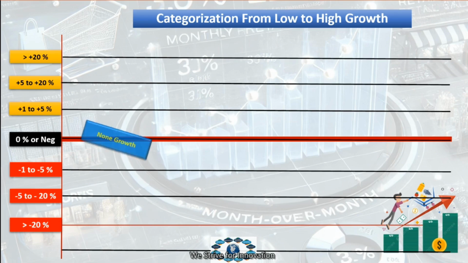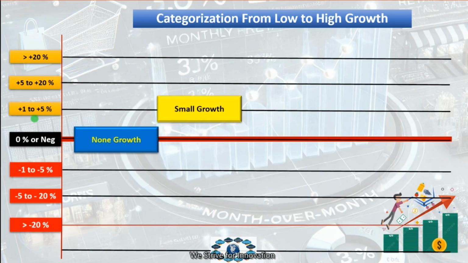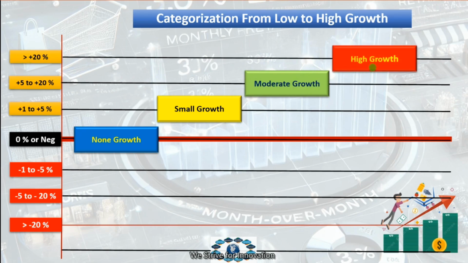If there is no growth, meaning it is 0 or negative, we call it non-growth. If it is between 1% and 5%, we call it small growth. Between 5% and 20%, moderate growth. And above 20%, high growth.